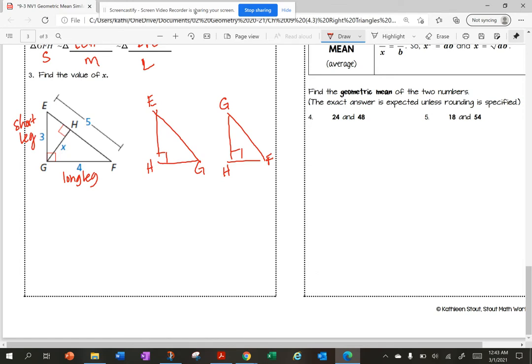So H to G is X. E to H, I don't have. This is my short leg.